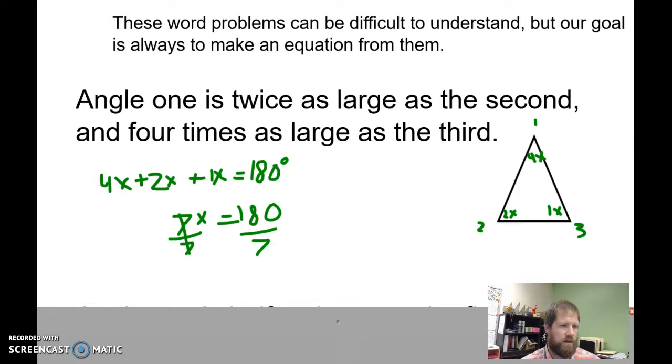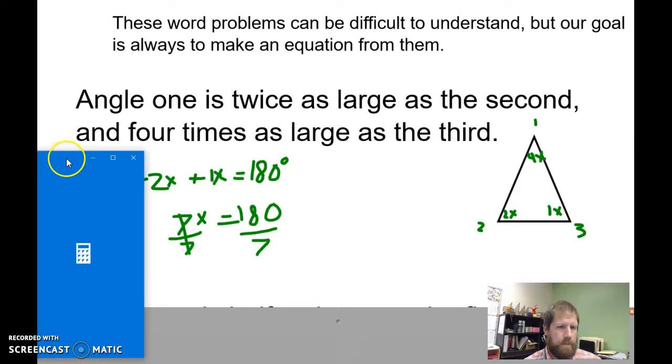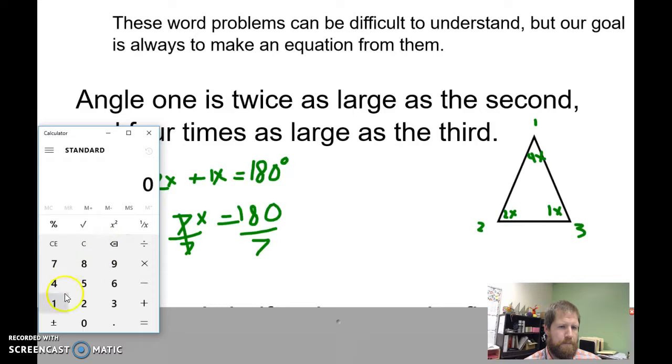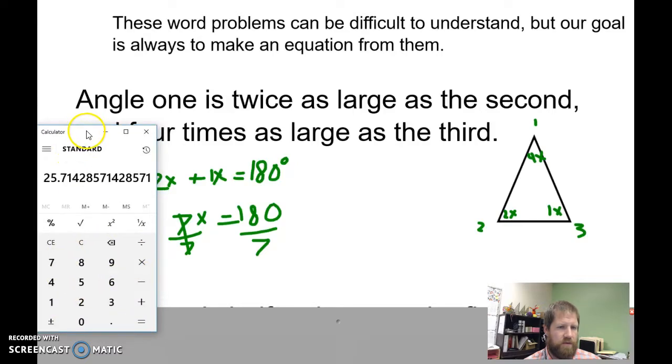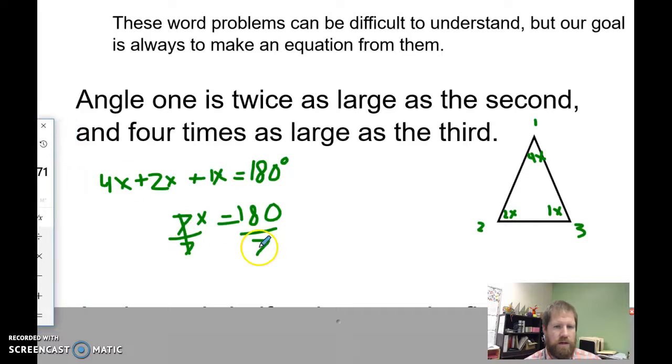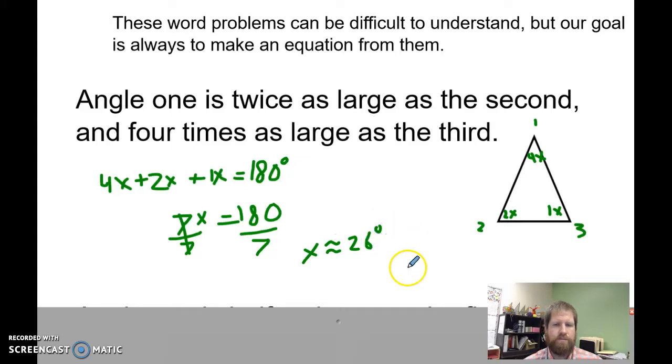Hold on, calculator. 180 divided by 7. We're going to have to round to 26. So x is about equal to 26 degrees. That means this angle is about 26 degrees, this angle would be about 52 degrees, and this angle would be about 104 degrees.